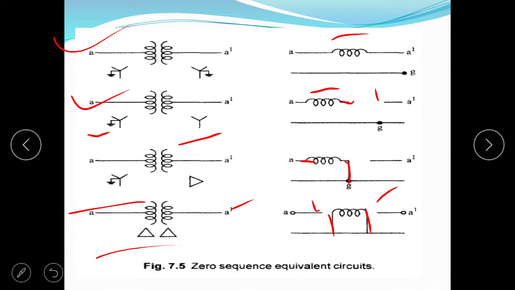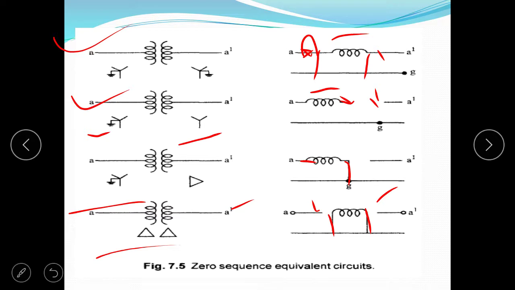We consider a four switch operation, meaning there are four switches: switch 1, switch 2, switch 3 and switch 4. When the connection is star grounded, the series switch is shorted. If the connection is only star but not grounded, the series switch is kept open.